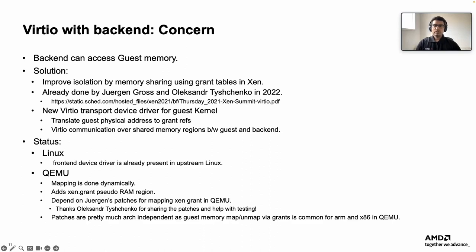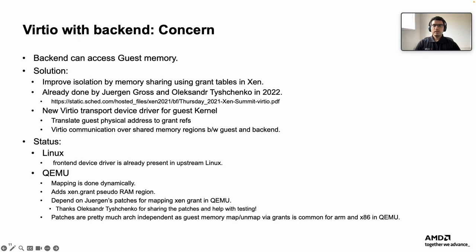As for the status of this work for Linux, the patches are already upstream, and I would suggest checking the presentation if you want to learn more about the work.